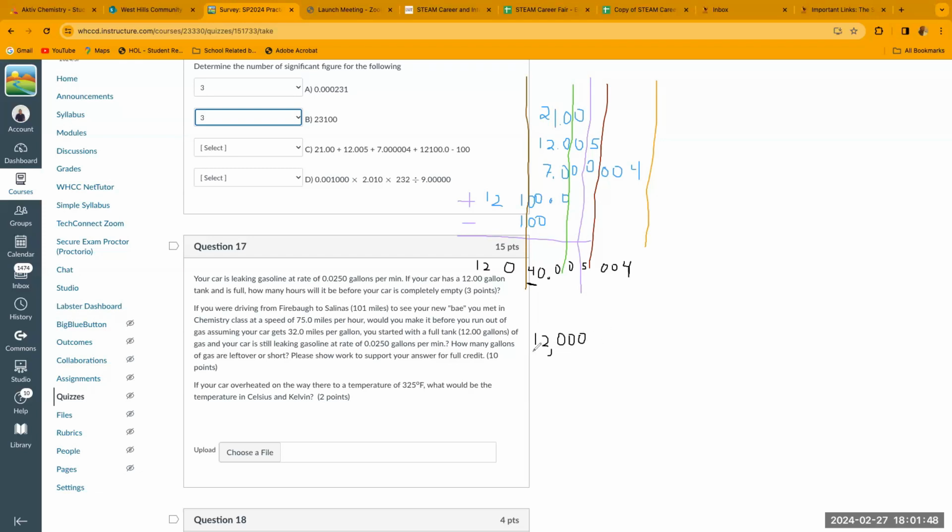So how many sig figs would that be? That's right, it's 2. So our answer should be 2.